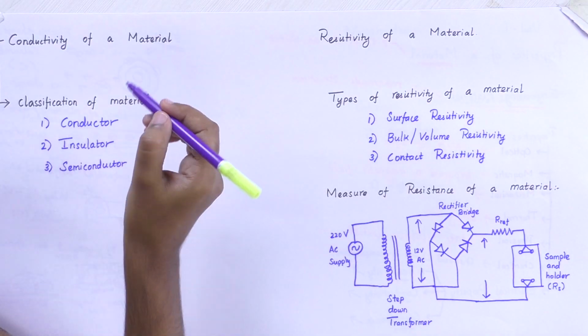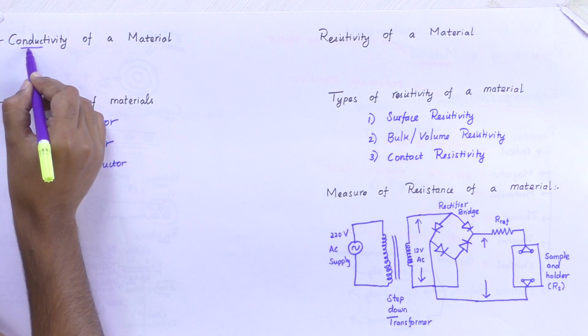As we have seen the basic fundamental properties of the materials, we are going to start with the major properties. Conductivity, we will say. First of all, what do you mean by conductivity?